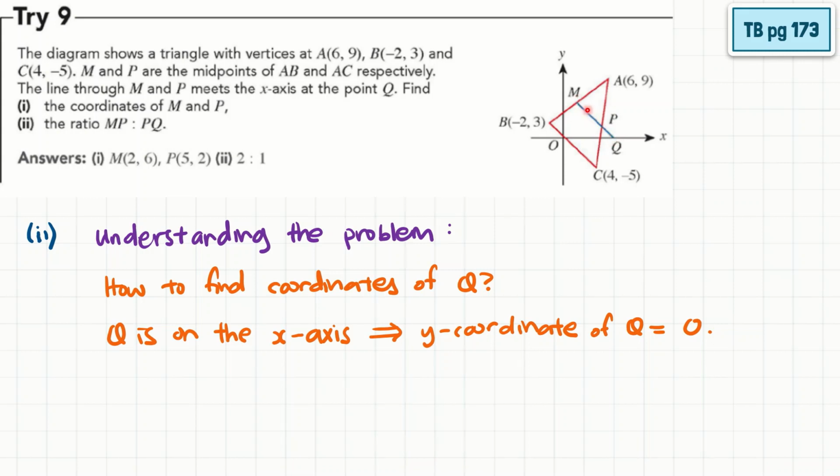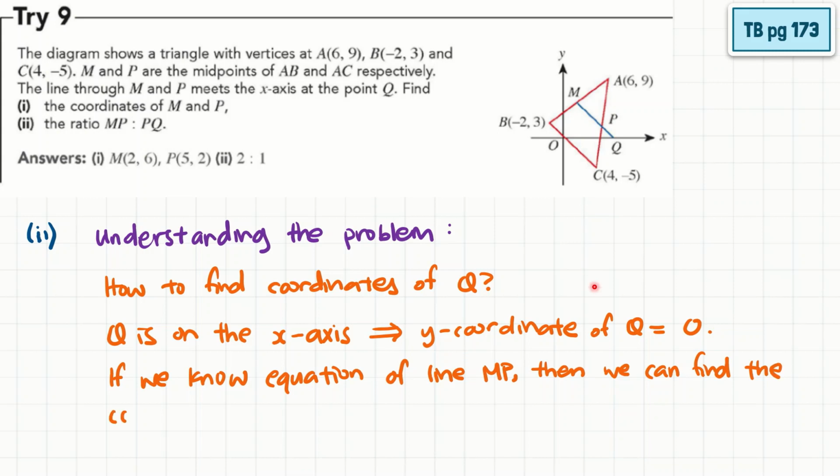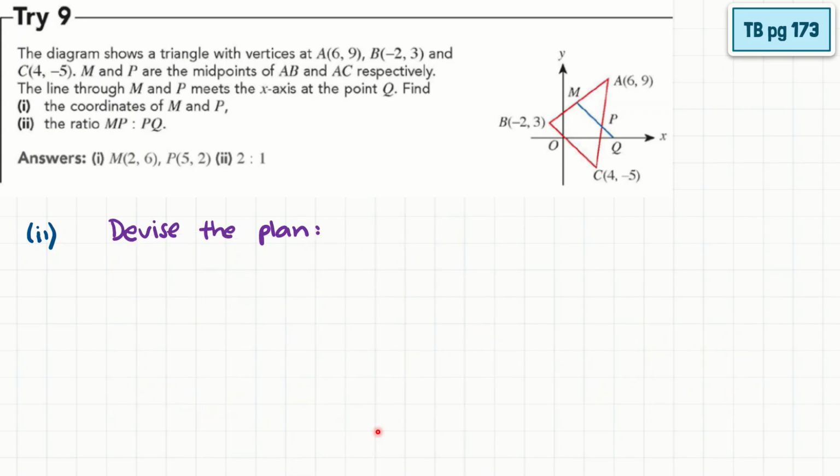So if I know the equation of MP, it is going to be the same equation for MQ. Hence, if I am able to find the equation of the line MP, then I can substitute y equals 0 and find the coordinates of Q. To devise the plan, this means that I need to know the equation of line MP that will help us find the point Q.